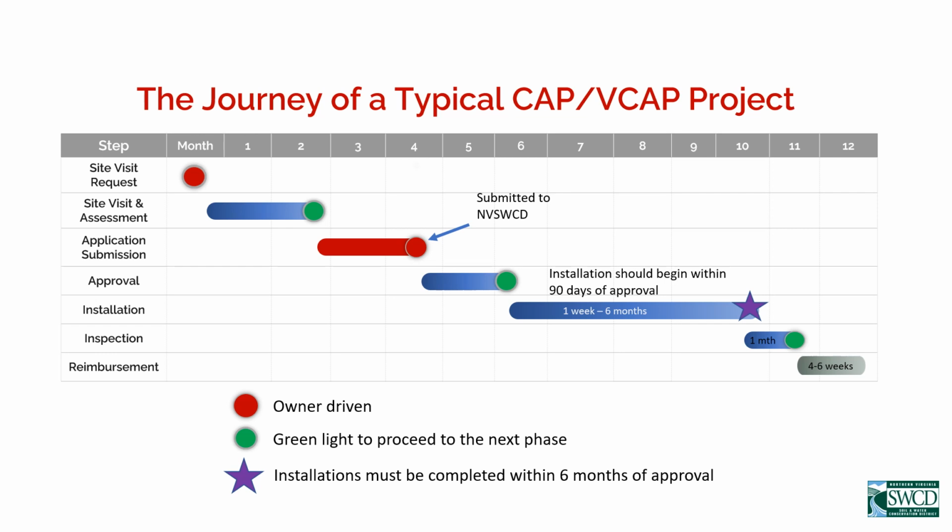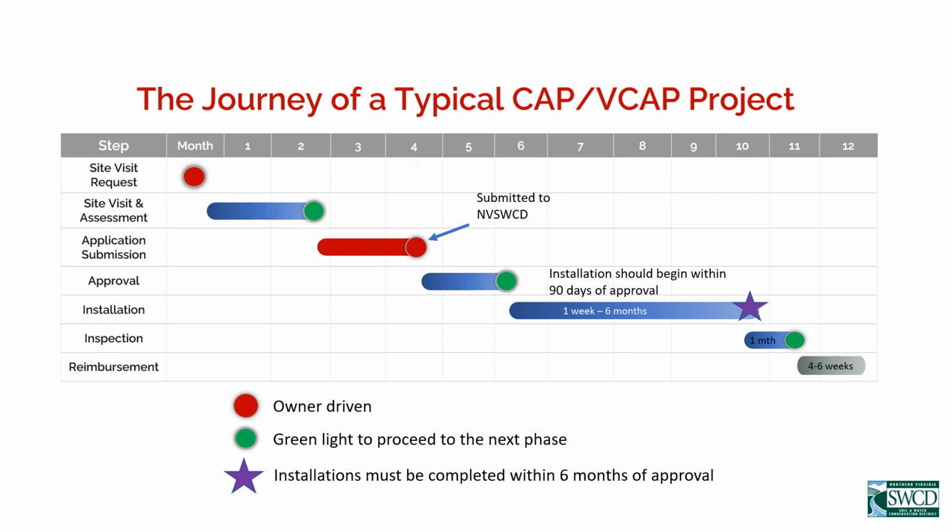At the time of site visit, as we mentioned, that is where it's determined whether they are eligible to proceed with an application, and they can start that application process right after the site visit. We find that a few people are ready to go with an application in just a week or so, but most people take a few months, whether it's to find a landscape professional to work with, or just to create the design, or to work with their own personal family timeline.